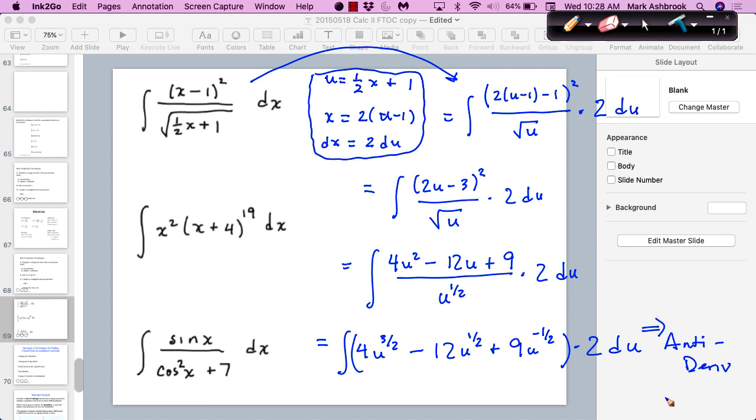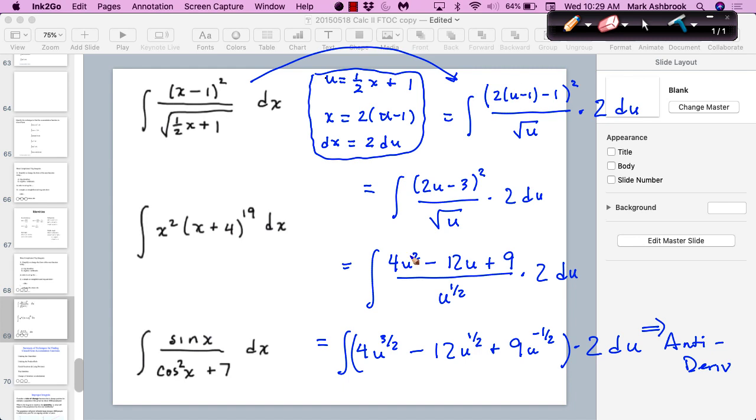Okay, so I got most of the way done on that first one. And this will be in the video if you don't have time to process all that. But those who made progress, do you agree with this? Did I make a mistake somewhere? X is going to be 2 times u minus 1. That goes here. U goes under the radical. Then I multiply that out.